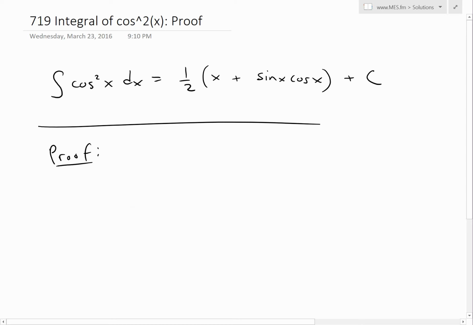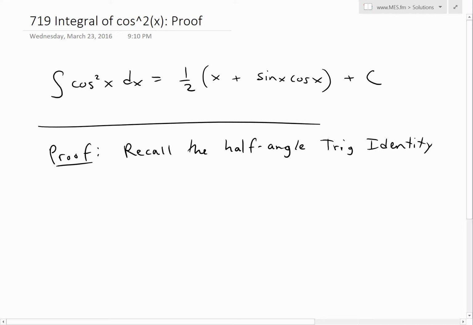In this particular integral, what we can do is recall the half angle trig identity, which I covered in my earlier video, and you can see that in the video link below.